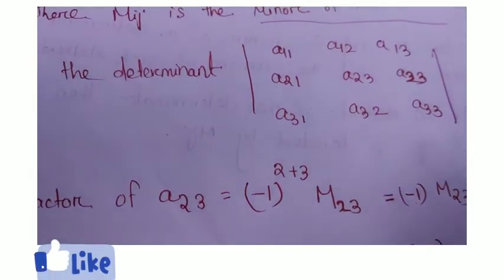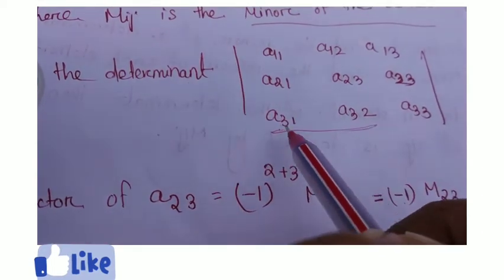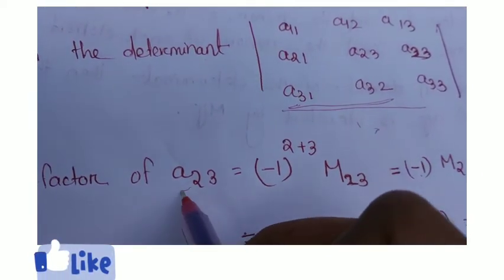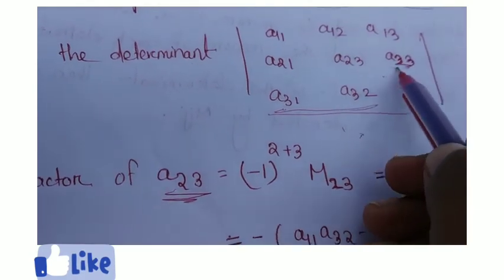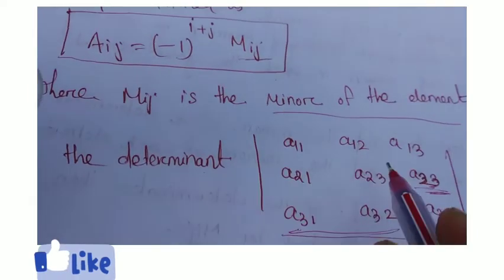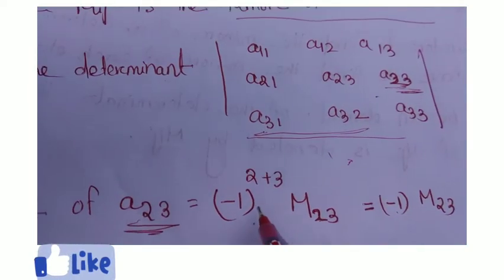Let us consider a determinant of third order. Then the cofactor of a23, putting in this formula, is equal to minus 1 to the power i plus j.